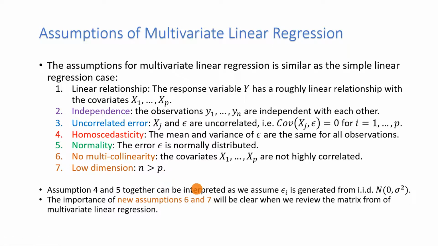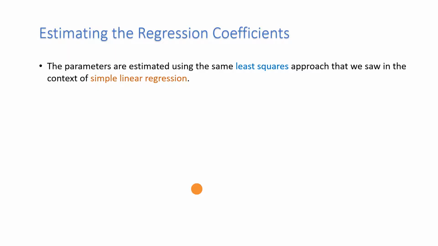Okay, so now after we have introduced the problem setup as well as all the assumptions for multivariate linear regression, let's consider how to estimate those unknown model parameters beta 0 to beta p.